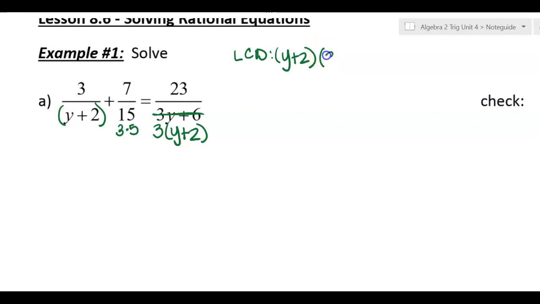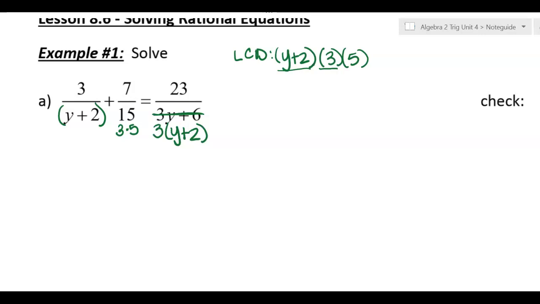So I'm just going to write it this way for now so I can see what's included in 15. Neither of those factors were already in the denominator, so I put them in. And then my last denominator has a 3 and a y plus 2, but I've already accounted for a 3 and a y plus 2. So I've covered everything I would need for a least common denominator.